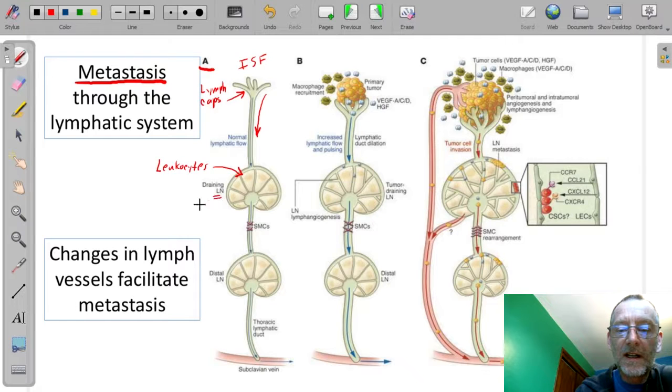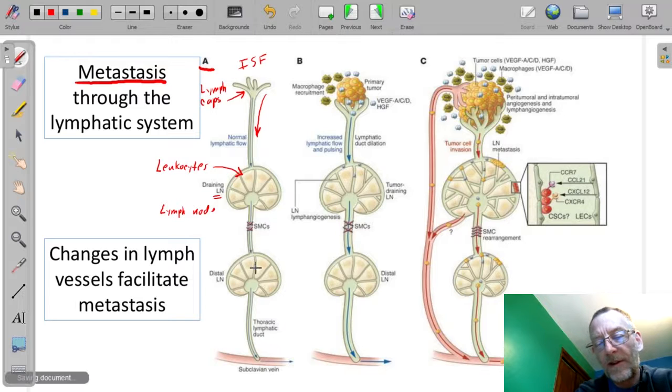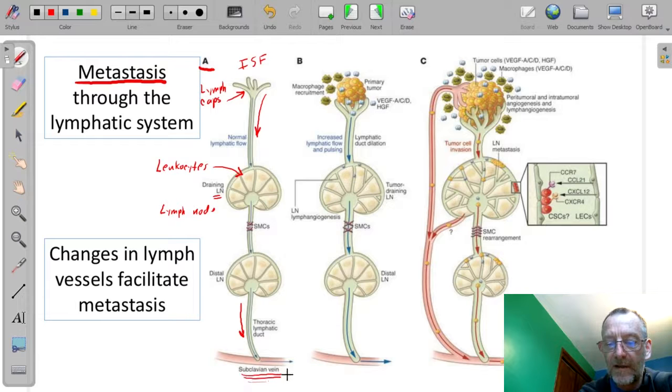And LN here is referring to lymph node. So that's the normal picture. And they flow through other lymphatic nodes and ultimately drain, in this example, through the thoracic lymphatic duct and then to the subclavian vein. So then we're back into the systemic circulation.